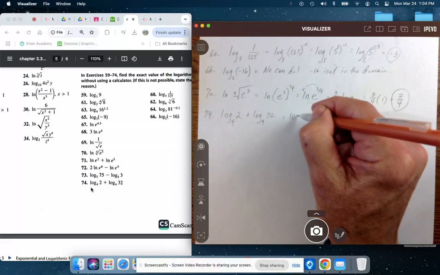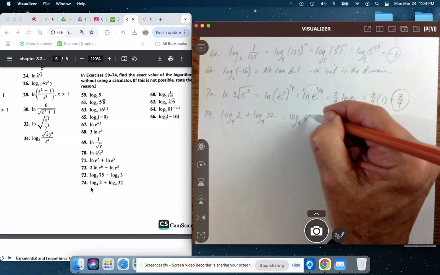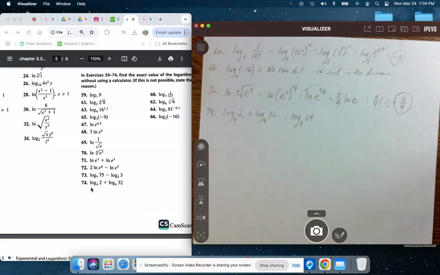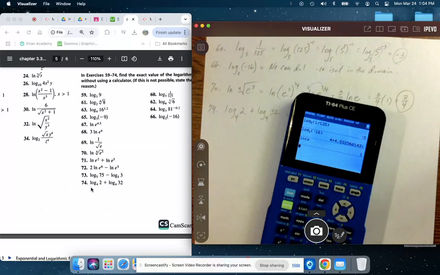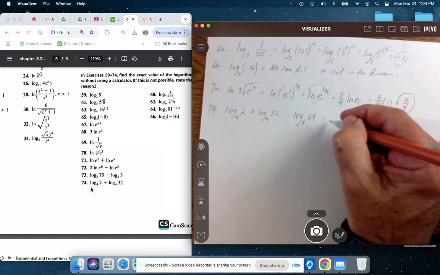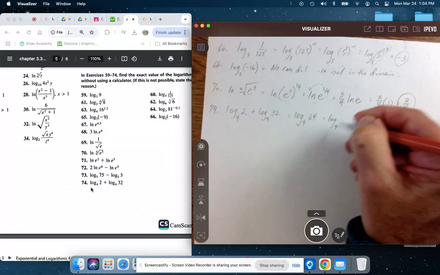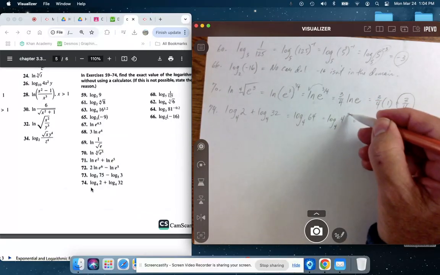So that's log base 4 of 2 times 32, which is 64. 64, I think, is 4 to the 4th power. Nope, 4 to the 3rd power. Yeah. So this becomes log base 4 of 4 to the 3rd power, so I get 3.